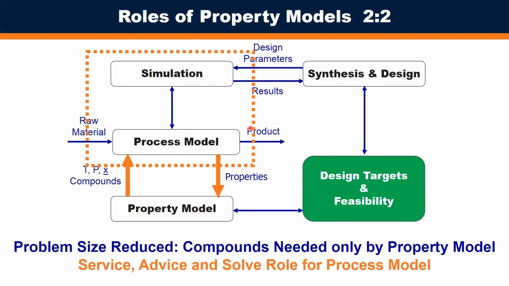What that does is reduce the problem size significantly because you don't need to include the property model and all the component information in every simulation run. Now we're actually adding a solution role for the process model that the property model provides, and that's a key step in how we look at reverse design.